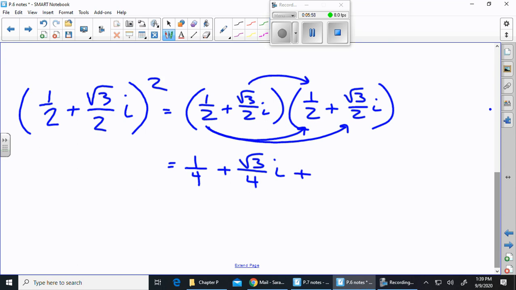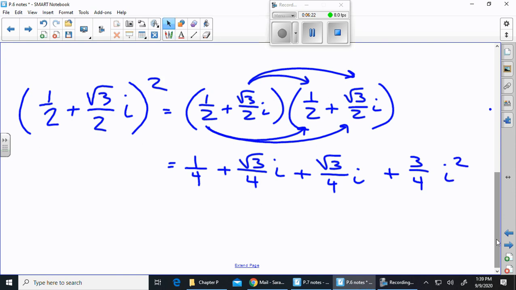Well, that's the same exact thing, radical 3 over 4i, and then radical 3 times radical 3 is actually radical 9, which is 3. 2 times 2 is 4. And then i times i is i squared. Again, that goes away. That changes its sign. A fourth minus 3/4 is negative 2/4, but that's really negative a half.